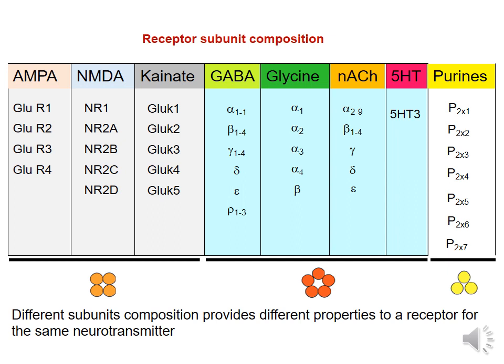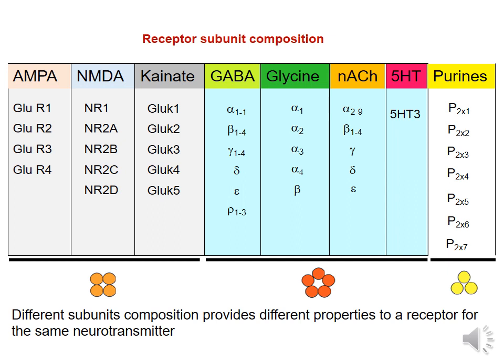Then for the Cys-loop receptors, the ones that are formed by 5 subunits, they also have a variety of different subunits they can compose each of the receptors. In the case of the GABA receptors, there are subunits corresponding to alpha, beta, gamma, delta, epsilon, and rho, and there are different isoforms of each of these subunits.